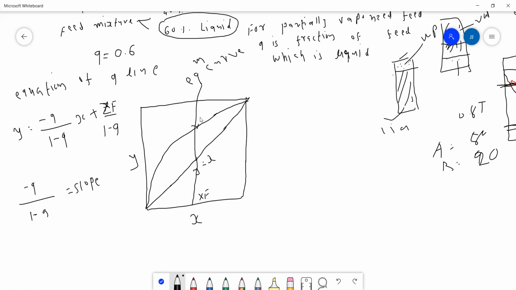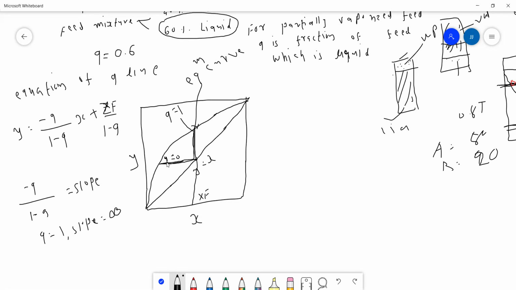So here, at Q is equal to 1, if you substitute Q is equal to 1 here, the slope is equal to infinity. So this is the infinite slope. This is for Q is equal to 0.